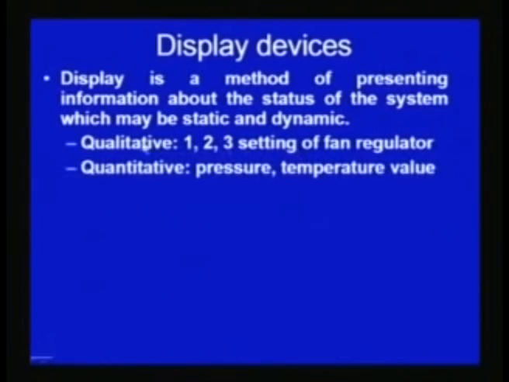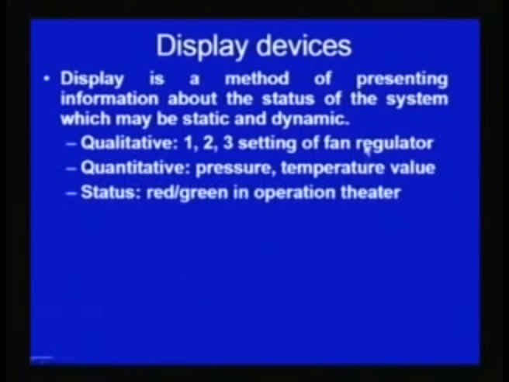1 is for minimum, 2 is for somewhat higher, 3 is for further higher. So, in qualitative display devices the numbers or alphabets being used do not represent the actual value of anything. The quantitative data will show the numerical value of different characteristics, like pressure indicated in kg per centimeter square, or temperature shown in degree centigrade or degree Fahrenheit.